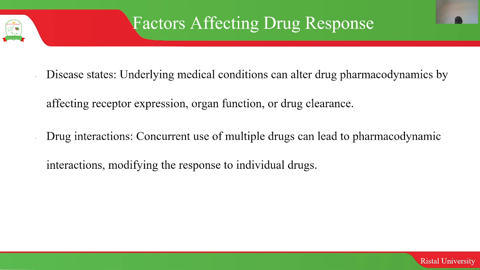If a patient comes and we are prescribing for this patient and we know this is a renal failure patient, we need to look at which particular drugs will fit, because others will not be cleared and will cause more accumulation of toxicity in this particular patient. Drug interactions: concurrent use of multiple drugs can lead to pharmacodynamic interactions, modifying the response to the individual drugs.